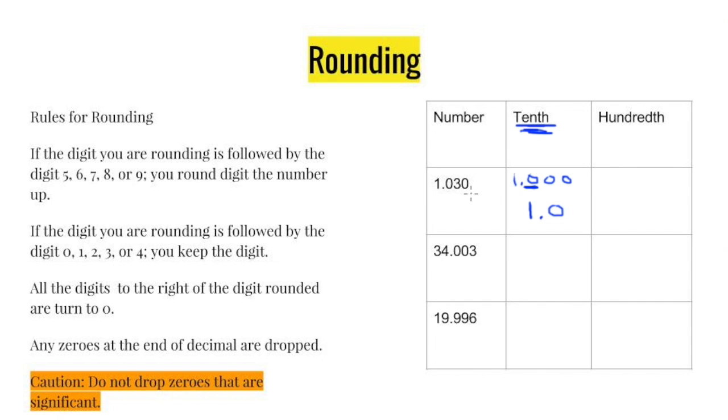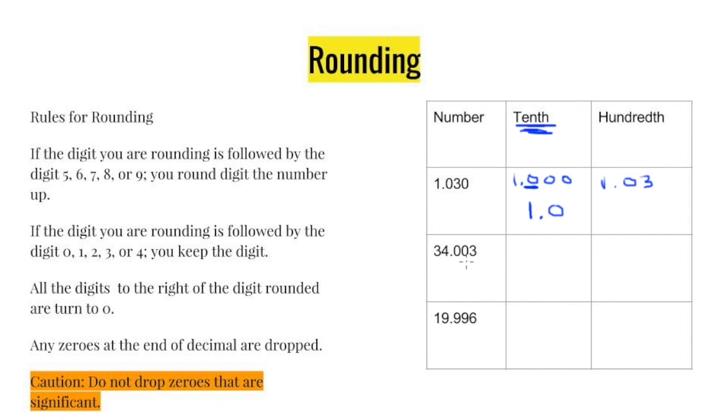Now, let's look at rounding to the 100th. We know that this 3 is going to stay the same because of this 0, so we're just going to do it like normal. It's going to be 1.03. So no problems there. All right, let's look at the next one. We're rounding to the 10th again.